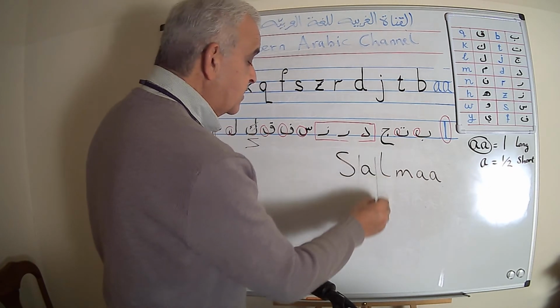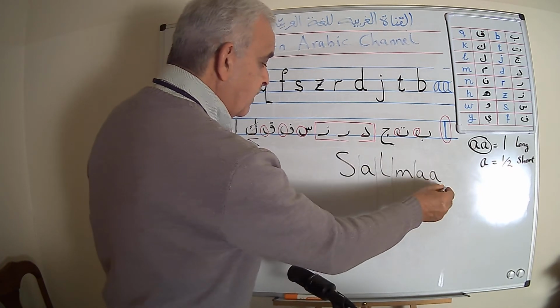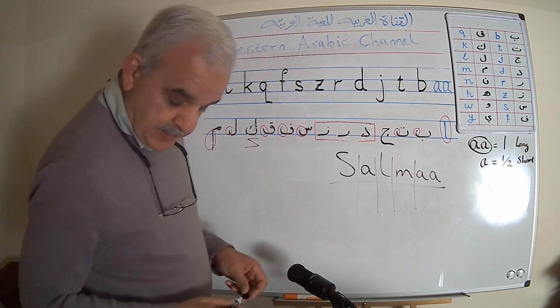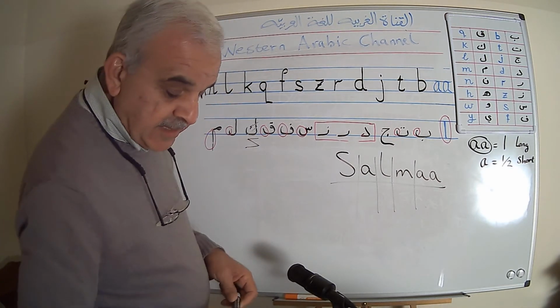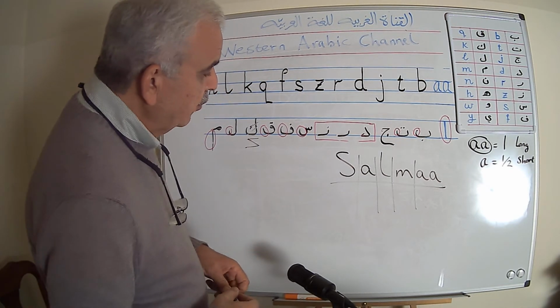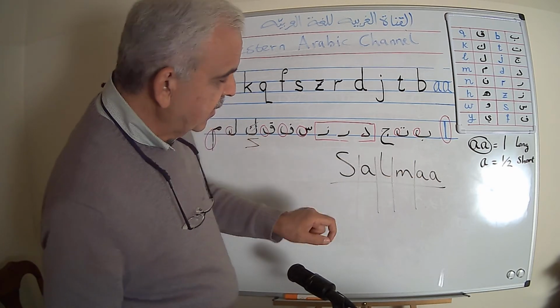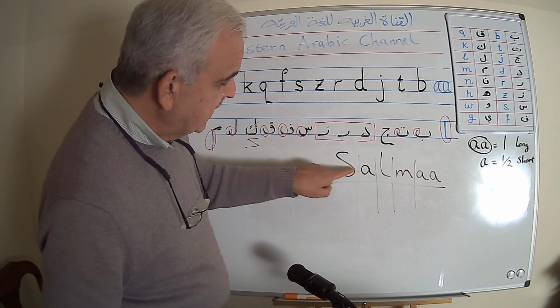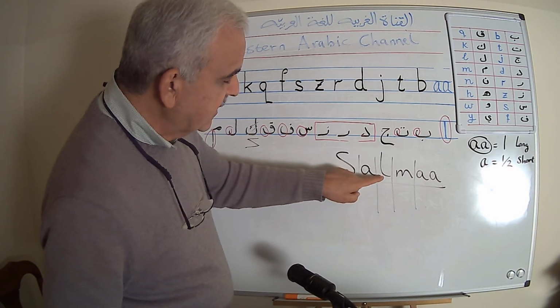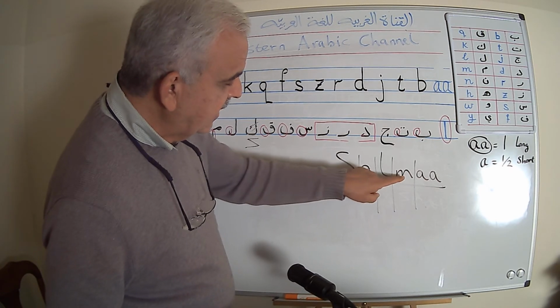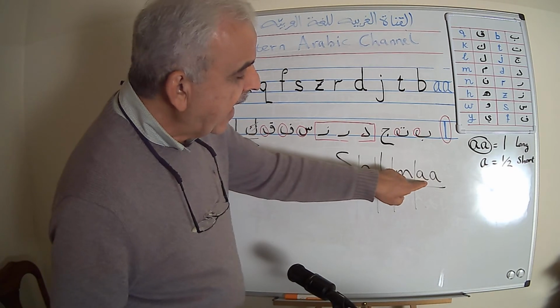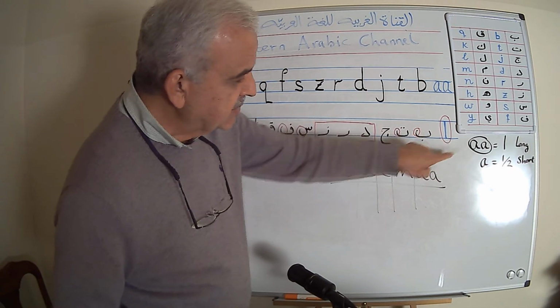Divided into components. Okay, when we divide it into its components, we find that it consists of 1, 2, 3, 4, 5 sounds. Sa, S, and A, and L, La, and M, and A vowel sound, which is here.